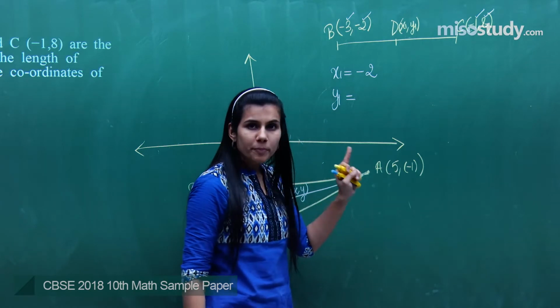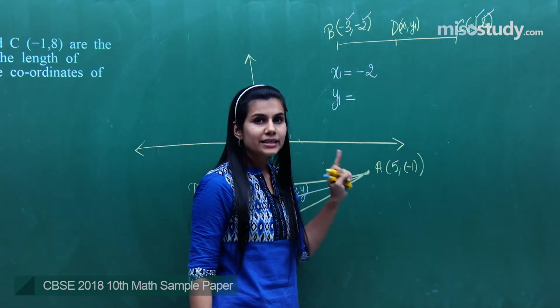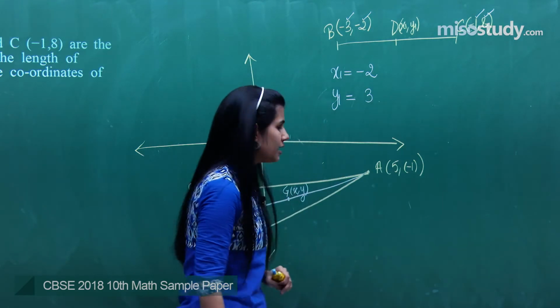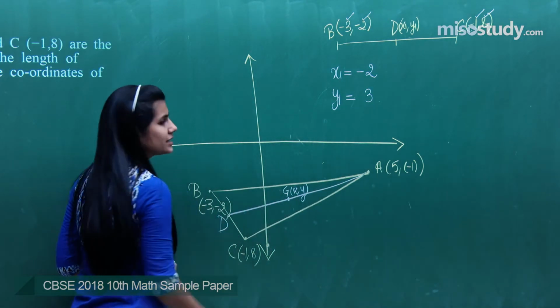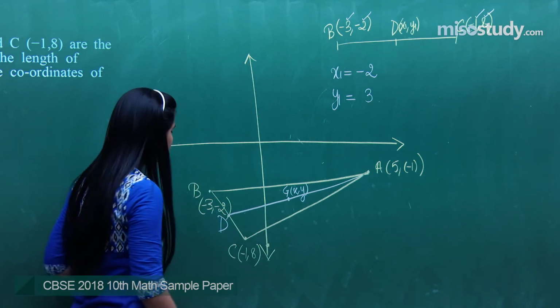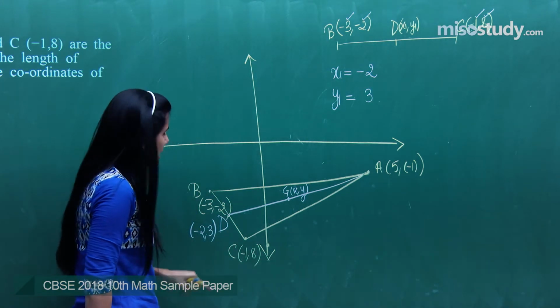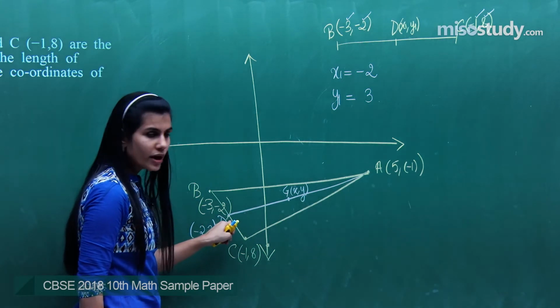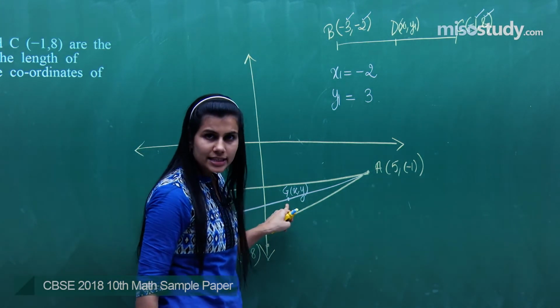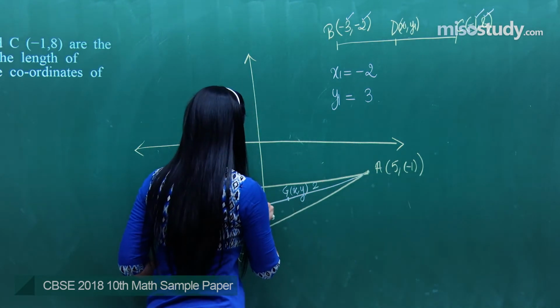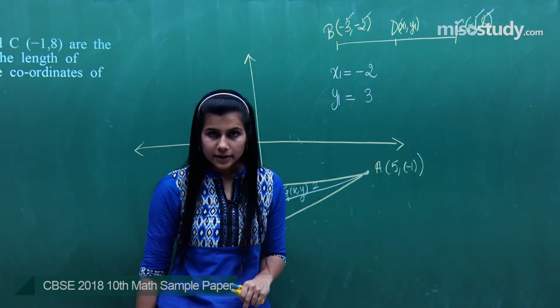So -2 plus 8, which is 6, divided by 2, which gives you 3. And therefore, this point comes out to be -2, 3. The moment you have this point D, you know that the centroid divides the median in the ratio 2:1.